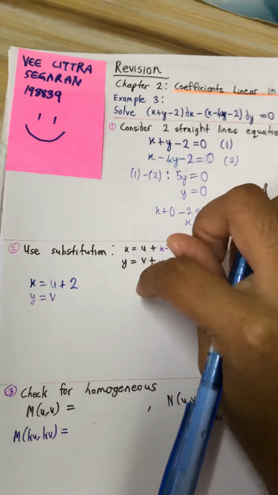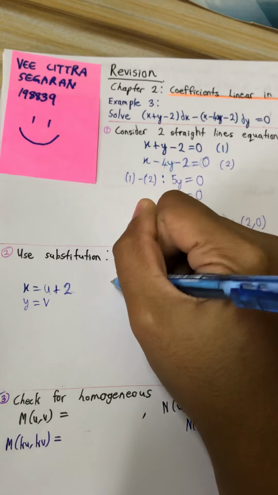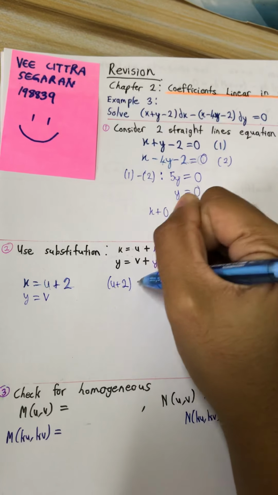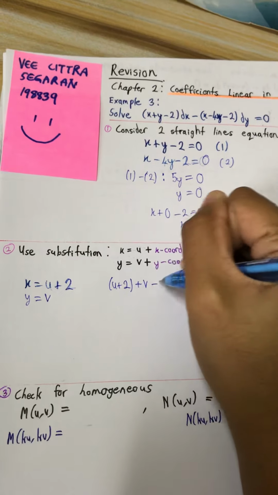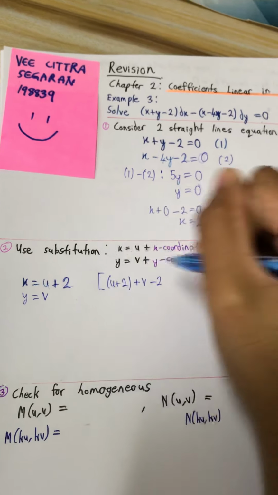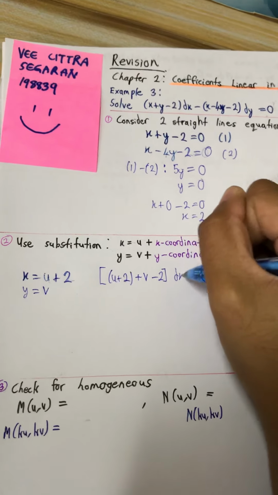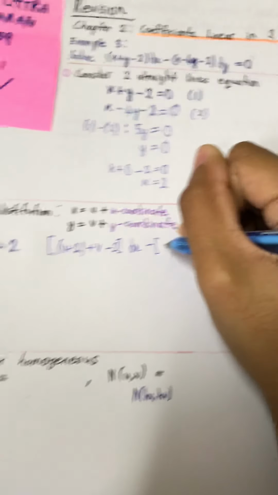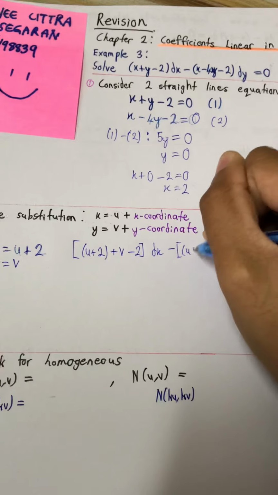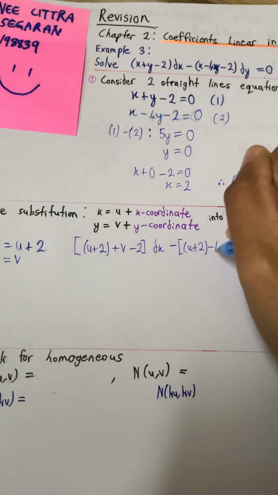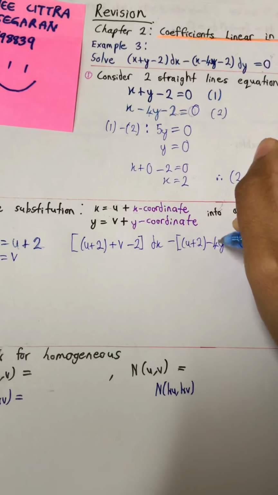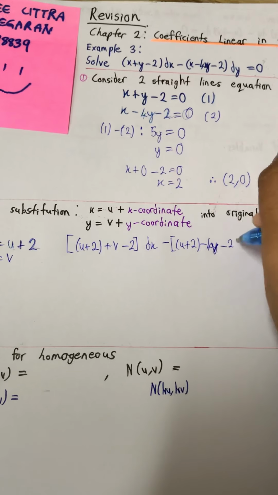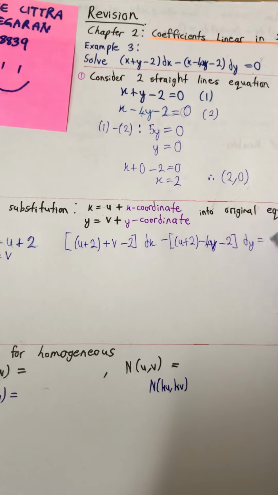So we will get x, which is u + 2, plus y, which is v, minus 2, then dx, minus our x, which is u + 2, minus 4y, our y becomes v, so 4v, minus 2, dy = 0.